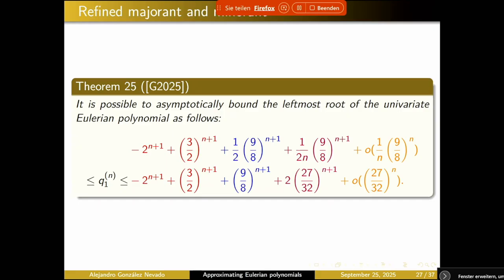Here you have this upper bound. This is now negative. Here you are summing something. Even when this thing is small, it's positive.